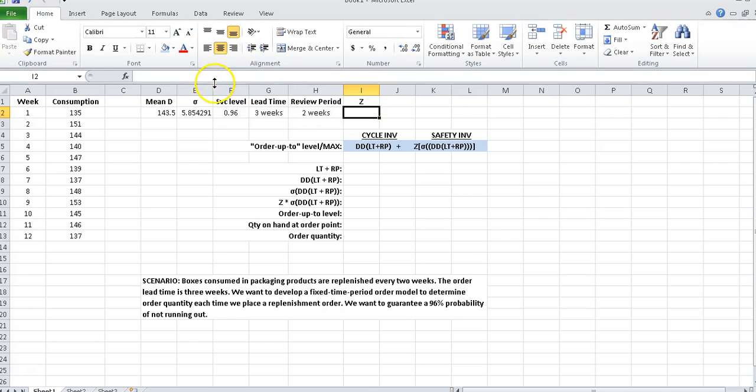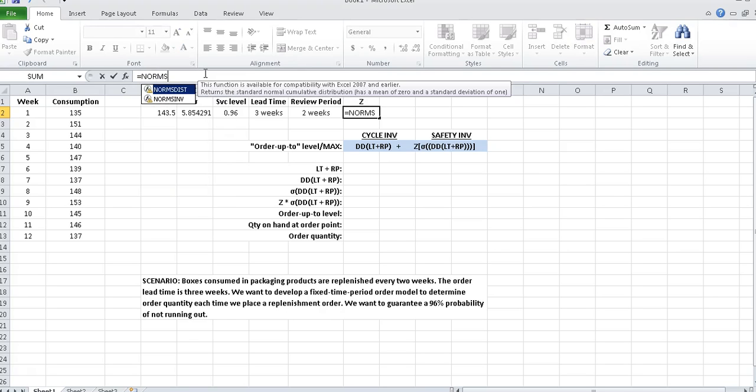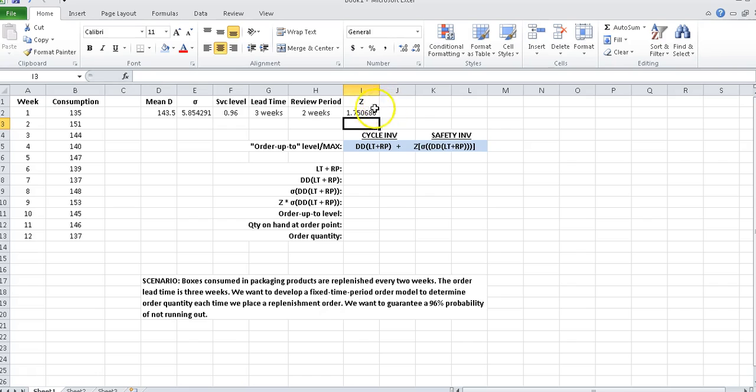So here we want a z-value that gives us a 96% probability. We'll use the NORM.S.INV function, normal standard inverse function, and you see it's prompting us for a probability. We'll give it the 96% probability, and we see we have a z-value of 1.75.